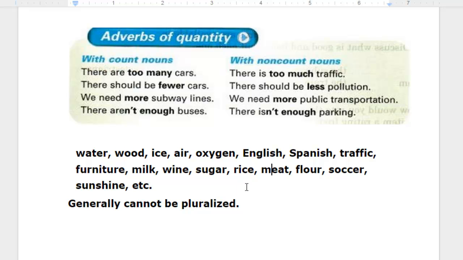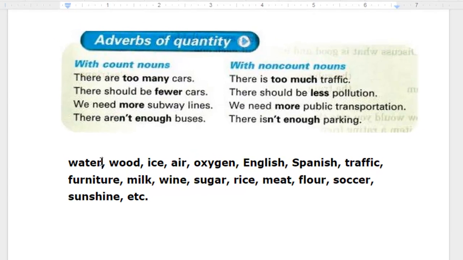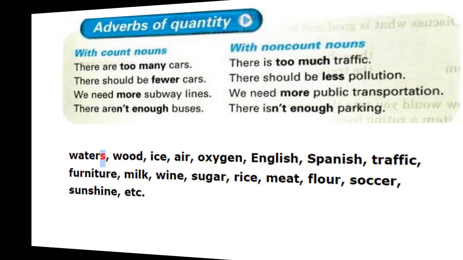All of these things are non-countable. They cannot be counted easily. Another thing that's important to mention about non-count nouns is that we don't add an S in order to change them to plural. They do not have a plural form.